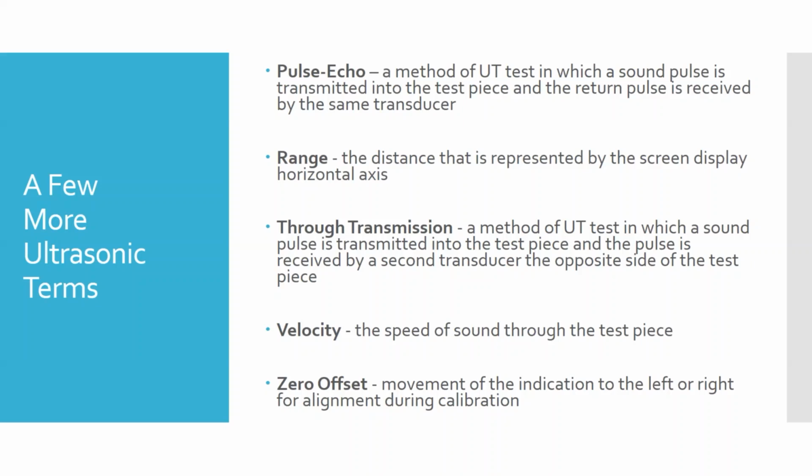The piezoelectric crystal itself is too fragile to run across the surface of a part. So we have some kind of acoustically conductive wear material right here in between that crystal and the part. As far as the probe is concerned, zero is right here up at the actual crystal. So our zero offset is how we calibrate our probe for the fact that the crystal doesn't sit directly against the surface of the part.